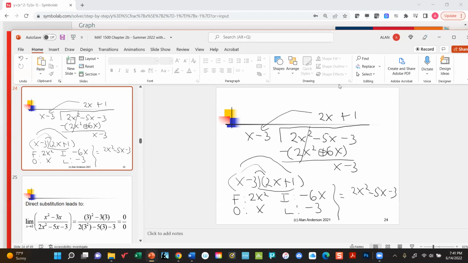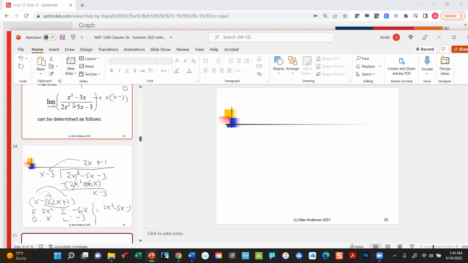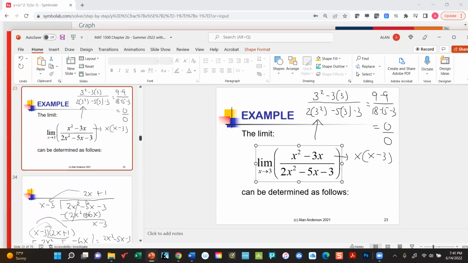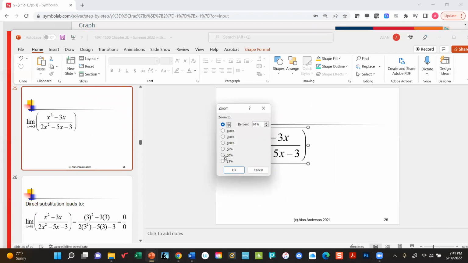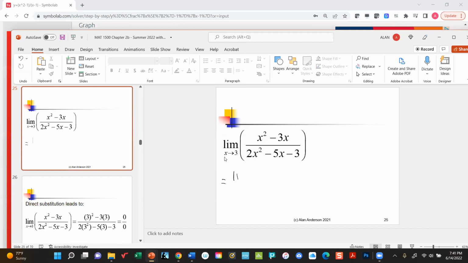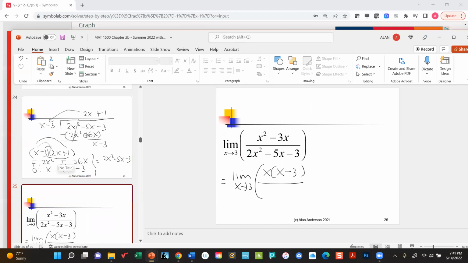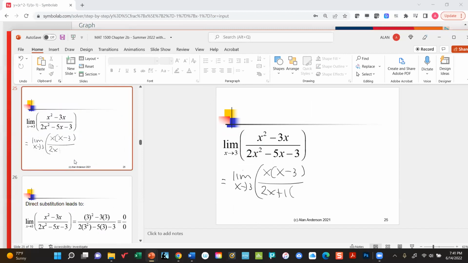Okay, so in other words, this expression could be rewritten very easily, and so now we have the limit as x goes to 3 of x over 2x plus 1.